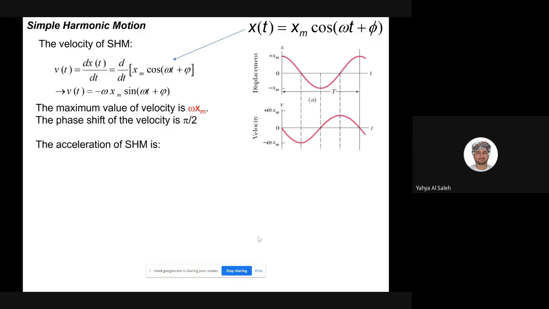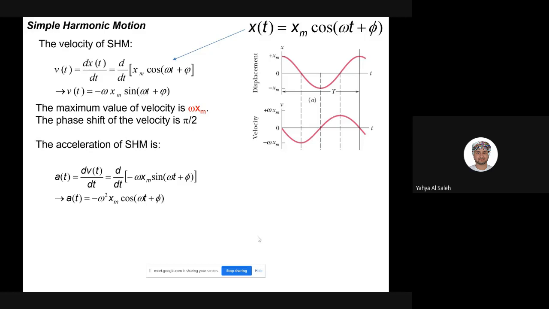The maximum velocity is going to be omega x when sine is equal to 1. And there's a phase shift of pi over 2. What about acceleration? I will differentiate v again, and I will get minus omega squared x, and the differential of a sine is cosine.